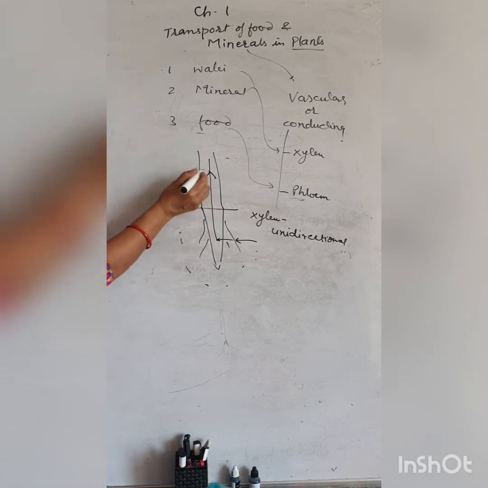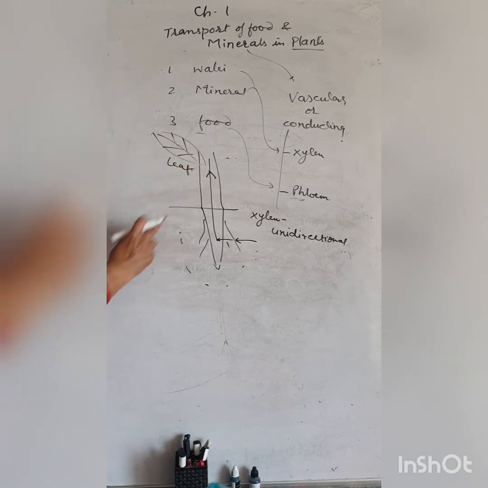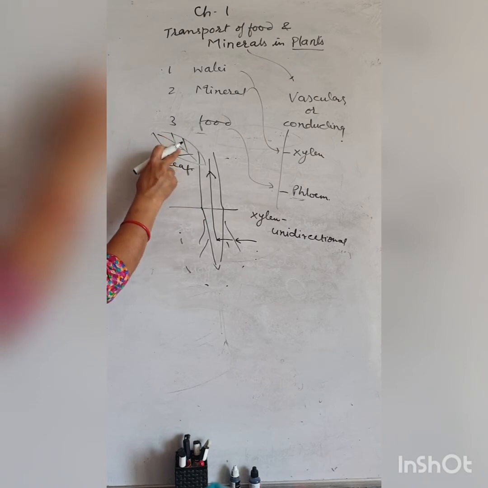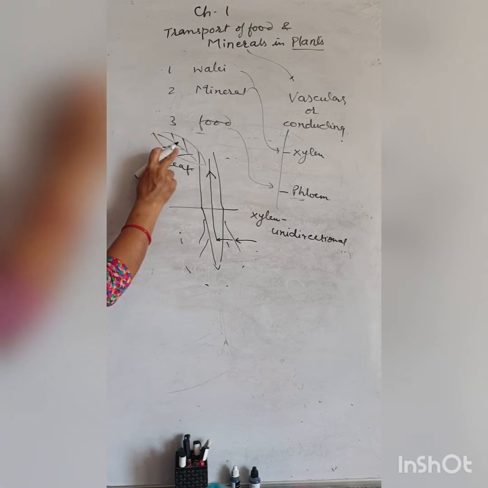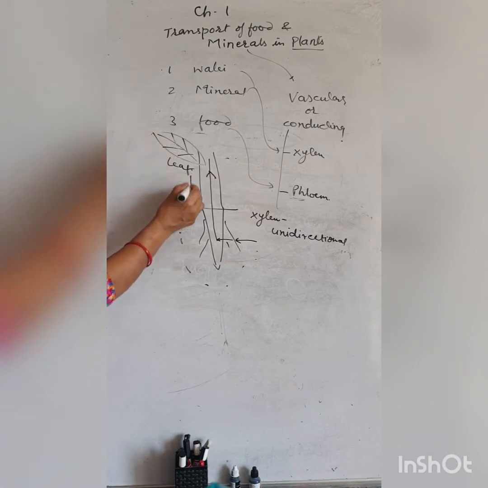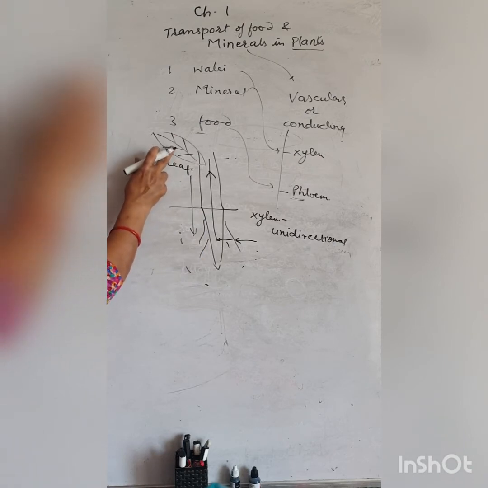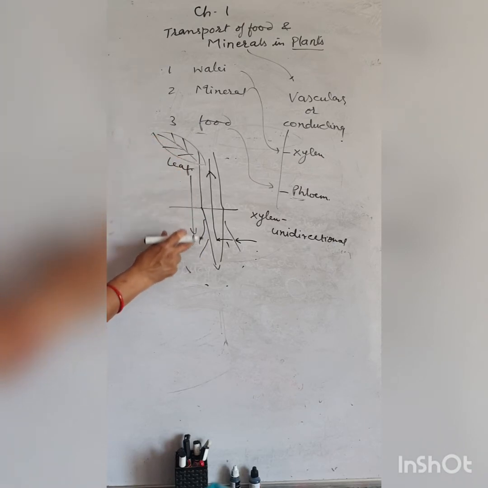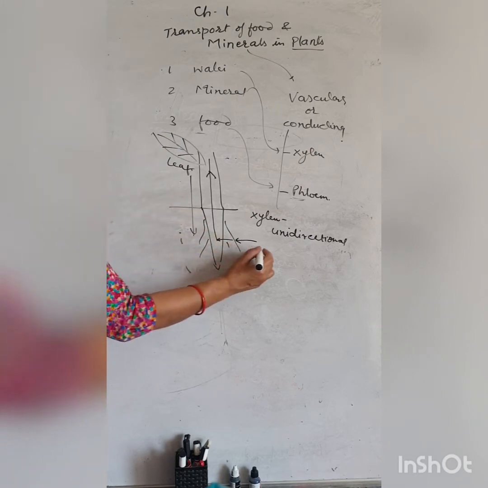Where does the food reach? It reaches different parts of the plant, mainly the leaf. The leaf uses water to perform photosynthesis and prepares the food, and that prepared food is carried to different parts of the plant. The prepared food from the leaf to different parts is carried through the phloem.